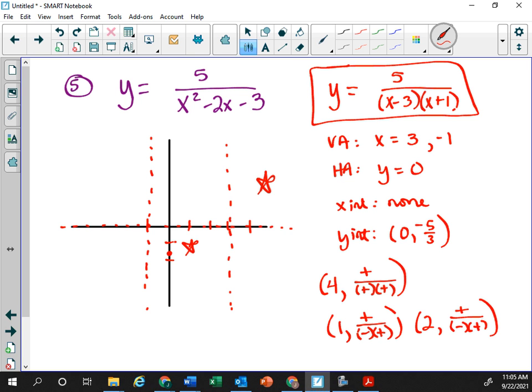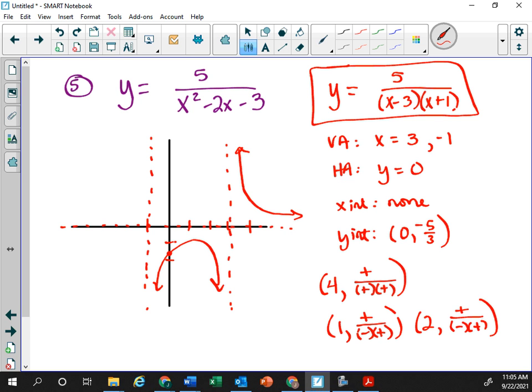So this middle section is doing something along those lines. Again, not looking for perfection here, just general shape. And same with the right side. If you're not sure after plugging in 4, let me plug in 5. 5 again is going to get you a positive value. So this part should be somewhere up here.